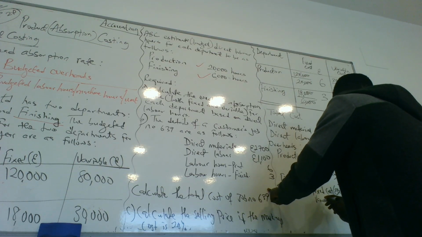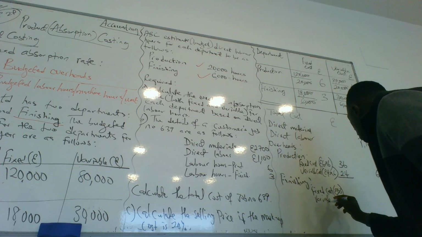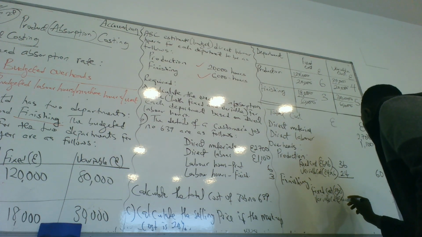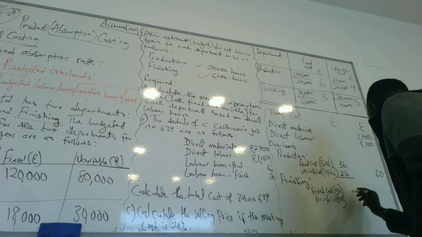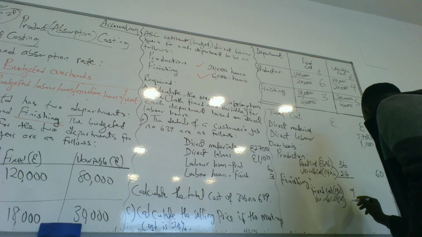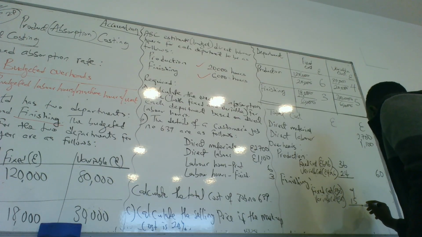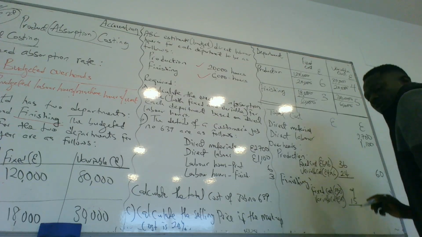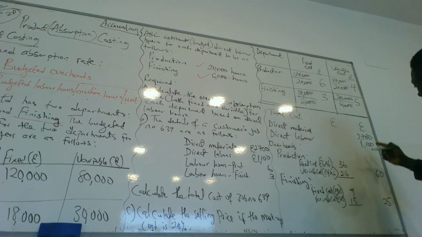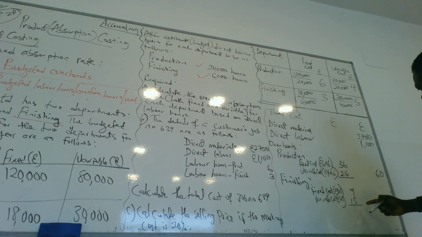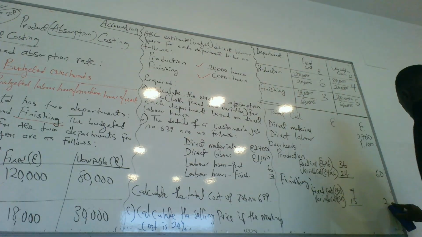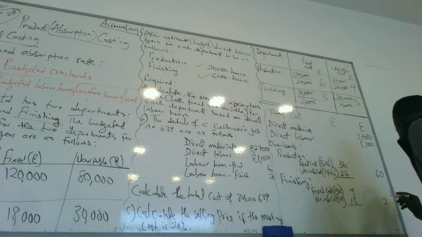For variable cost, it's 5 euros multiplied by 3, which is 15. So from here we have 9 plus 15, is it 25? No, 24. That's 24, sorry.